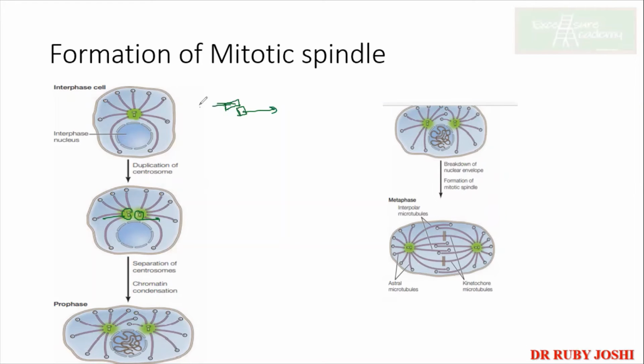From here you will get another one and from here you will get another one. So this is like a mother-daughter relation. Every time they are present in this direction, at 90 degrees, perpendicular to each other. When they get separated, in the perpendicular of this one the daughter will come, and in the perpendicular of this one the daughter will come. So now they become the mother and you get the daughter centrioles then. Okay, is this much clear?